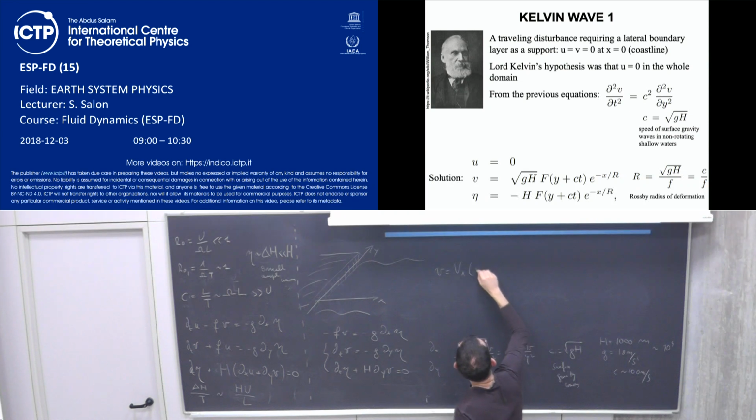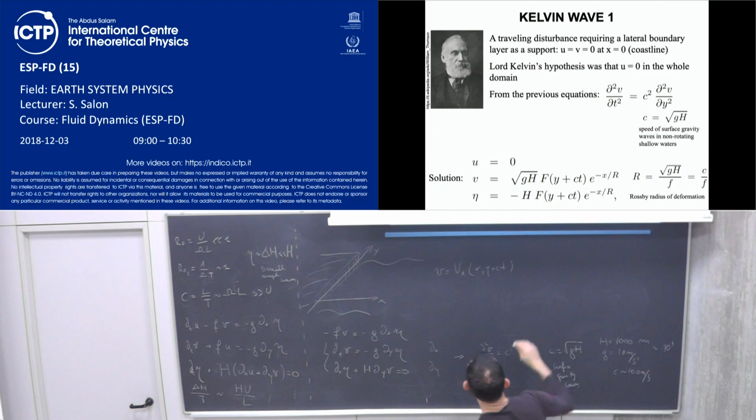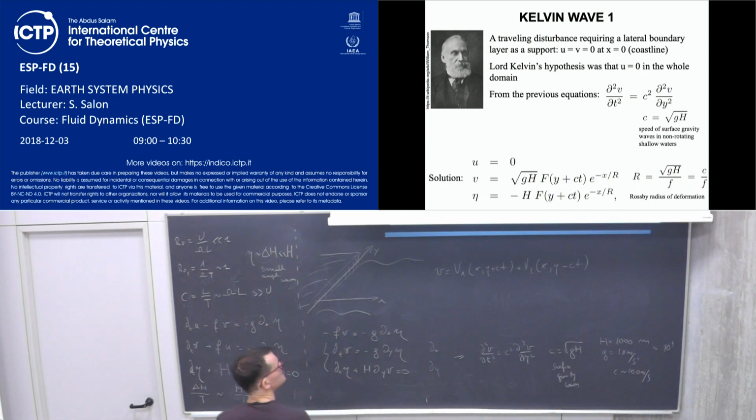So one, which is traveling in the opposite direction with respect to epsilon, and the other one, which is traveling in the same direction as epsilon. Okay? So this is, I mean, no GFD, this is like pure mathematics.